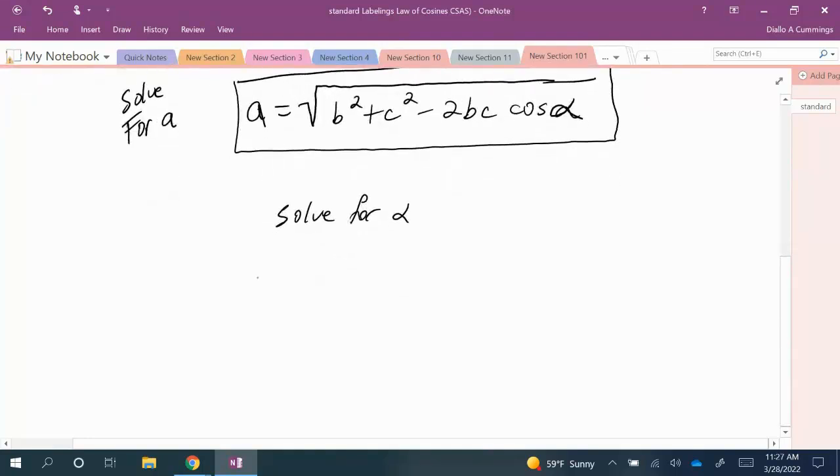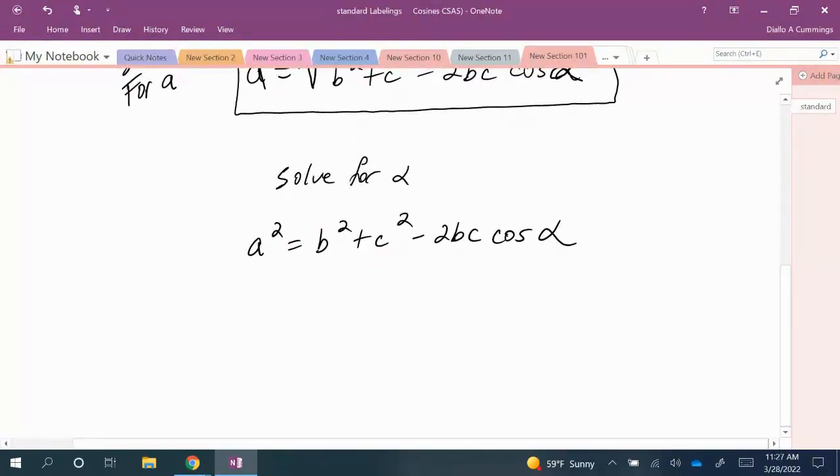So I'm going back to this original formula: A squared is equal to B squared plus C squared minus 2BC times the cosine of alpha. I want to solve it for alpha, so I'm going to subtract B squared and C squared from both sides.